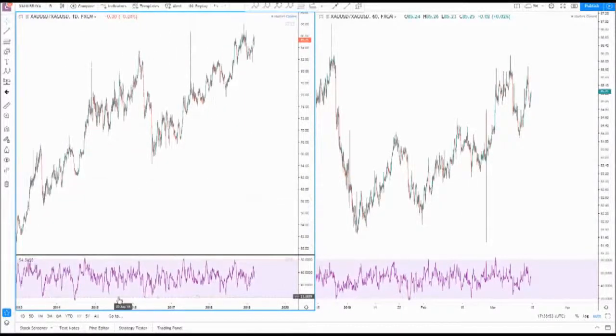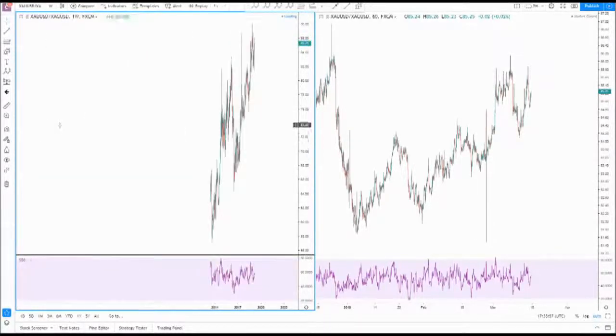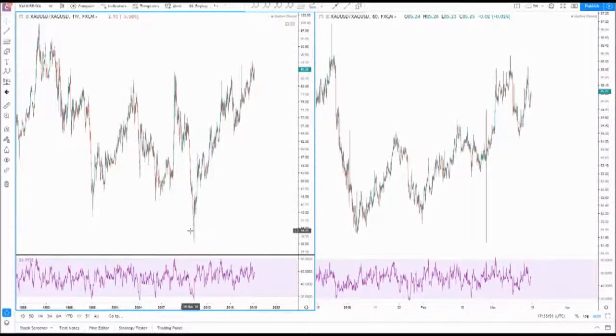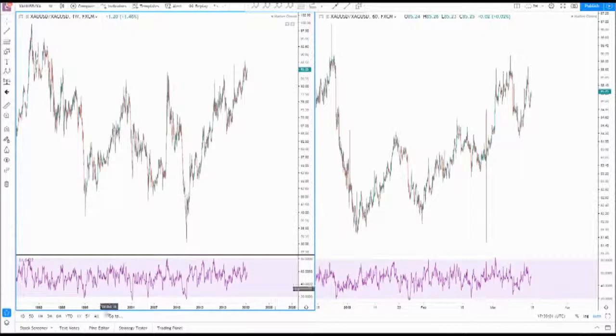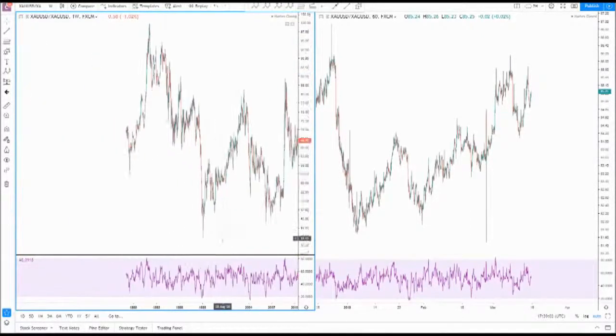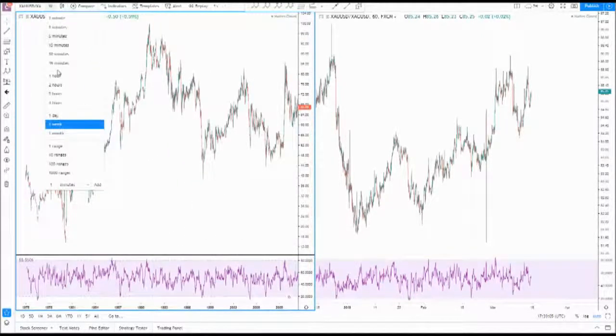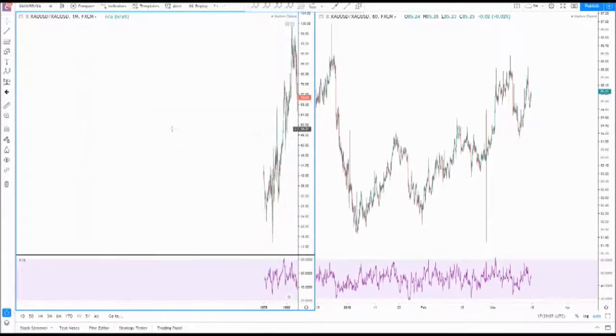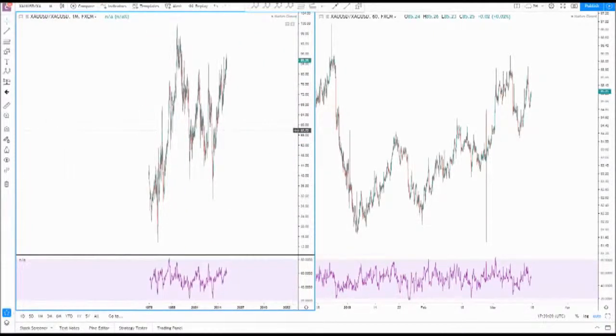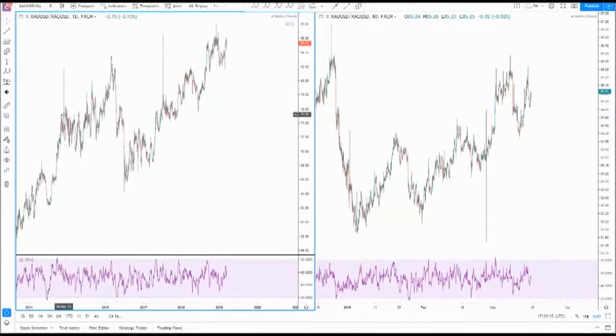Generally, over the last few years, really since 2011, gold has looked stronger than silver. If we go way back to a monthly, it doesn't really give us much in terms of long-term picture, so we just have to take it at face value.